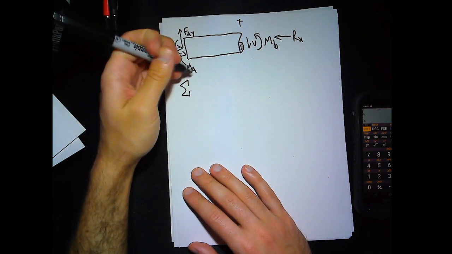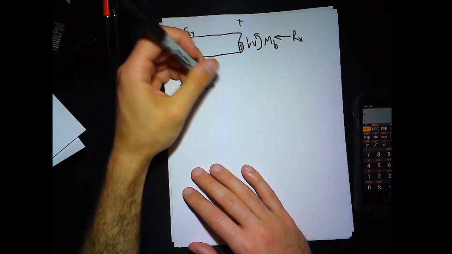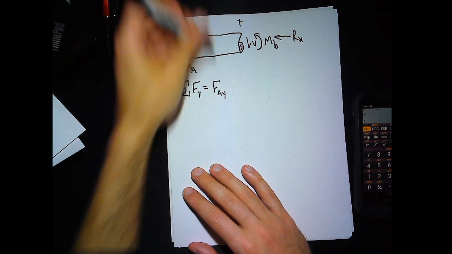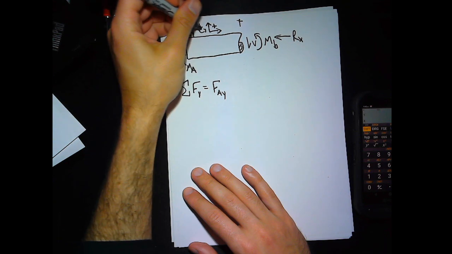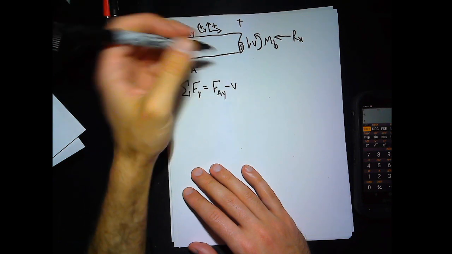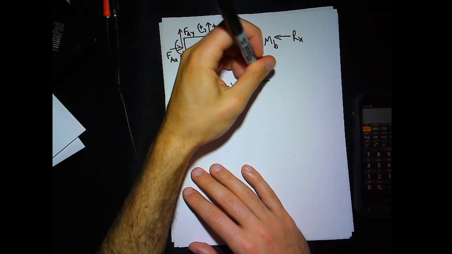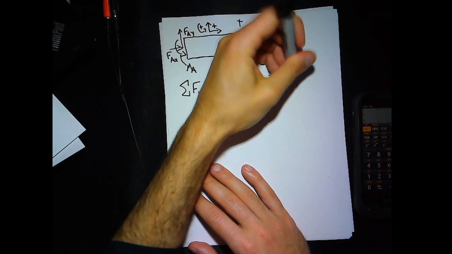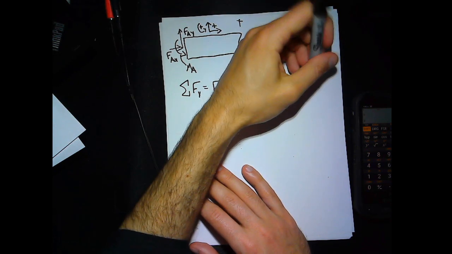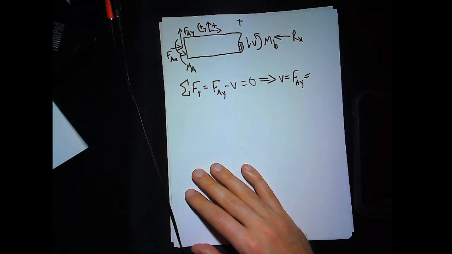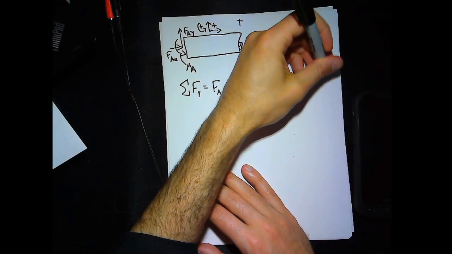because I have a non-zero FAX. So if we look at this, I'm going to do my summation of forces in the y. FAY is going in the positive direction. Shear force is going in the negative direction. That's all my forces. Where shear force is the same as FAY, which is negative 1.1 kip.